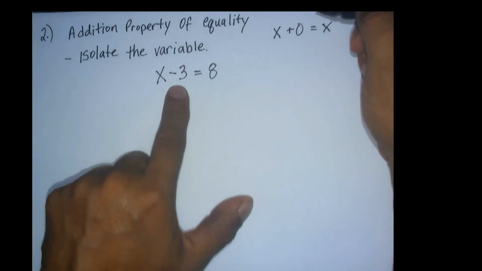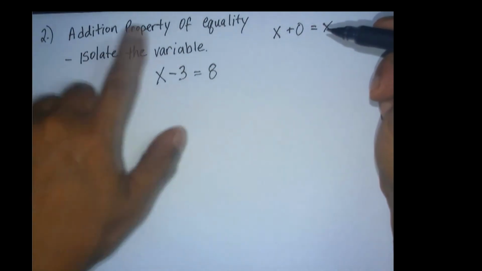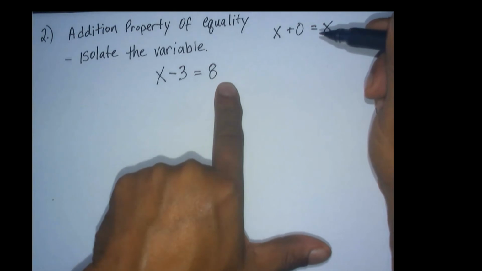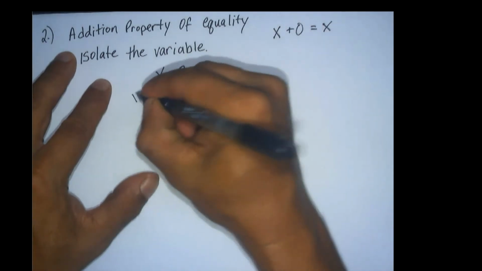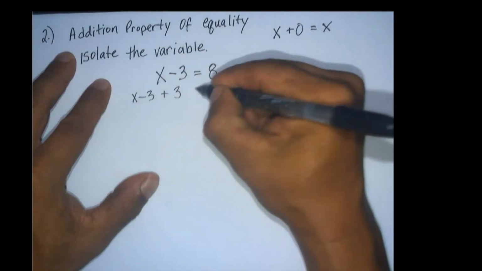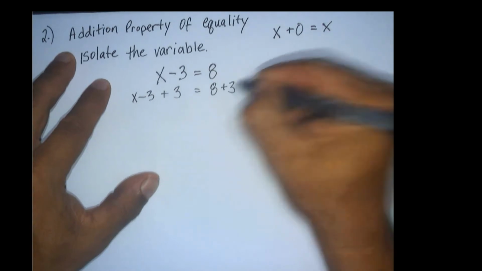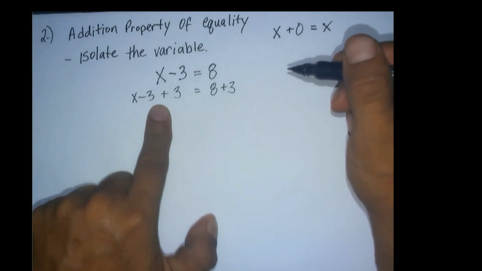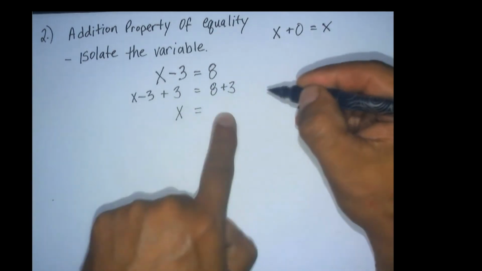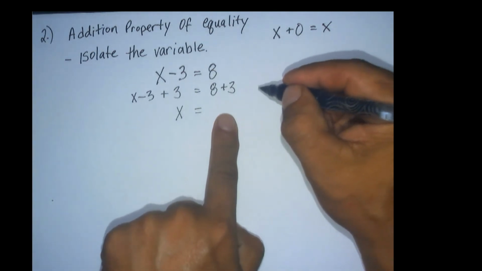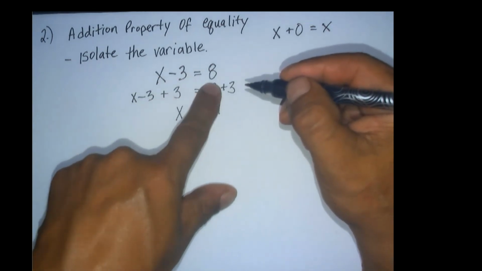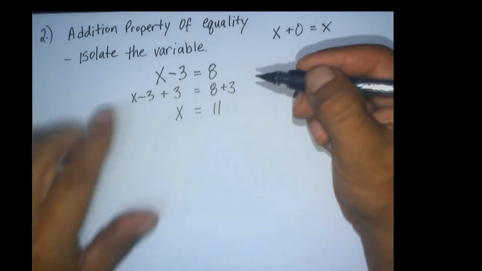Add 3. So the addition property of equality says if I add 3 to one side and I add 3 to the other side, I get the same equivalent equation. We're going to have x minus 3 plus 3 is equal to 8 plus 3. So what's going to be left on this side? X. And then what's on this side? 11. And we can go back and check our work. 11 minus 3 is 8. Cool. So this is the addition property of equality.